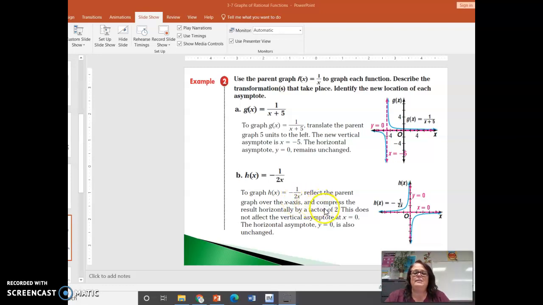So you can see they said compressed horizontally by a scale factor of 2. So instead of going to the right 1 to go up 1, we're going to go to the right half that many steps, and instead of going up, we're going to go down 1. To the right 2 would have gone up 1/2. Now it's going to be to the right 1, and instead of going up 1/2, it's going to be down 1/2, etc.